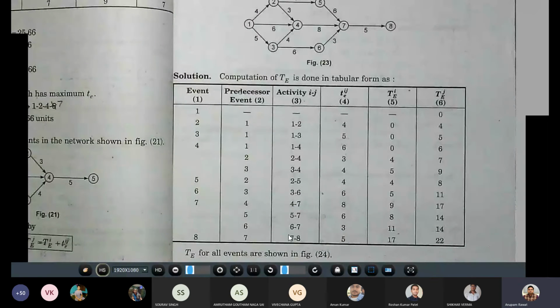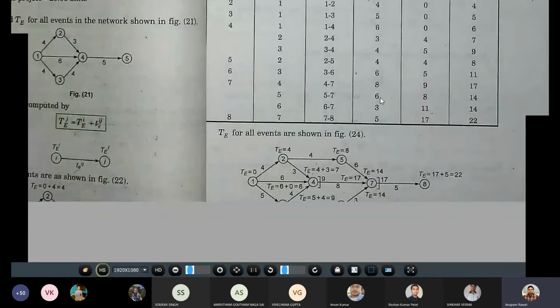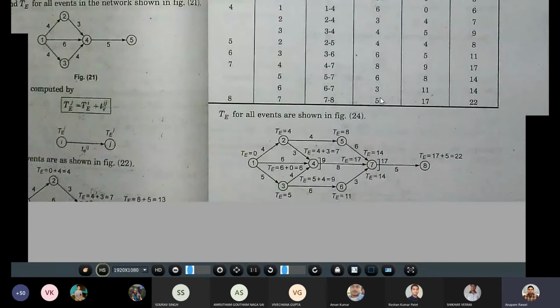For event 8, the predecessor event is 7, activity is 7-8, the duration is 5, TiE is 17, and TjE is 22. Now, based on this information, you can simply write out the values of the TE in the network diagram.